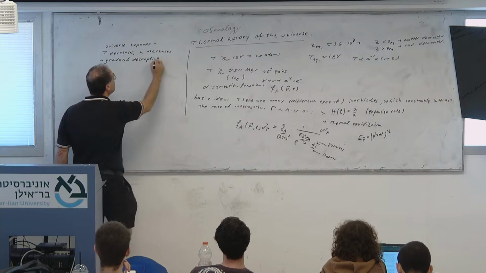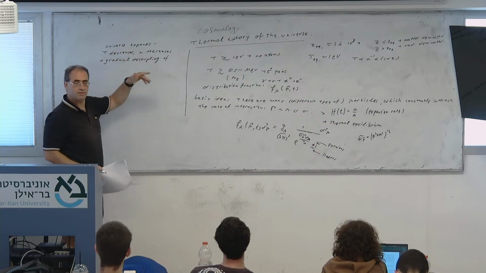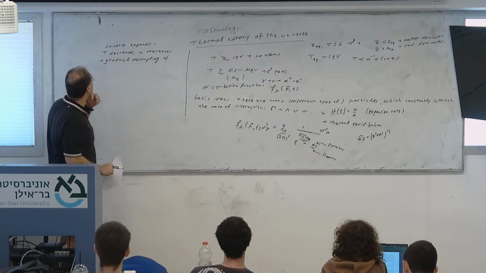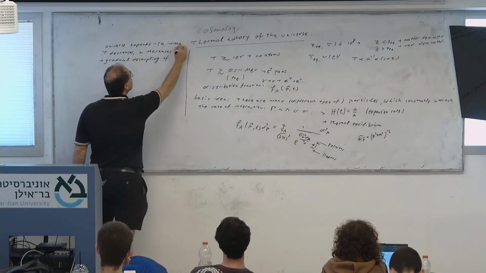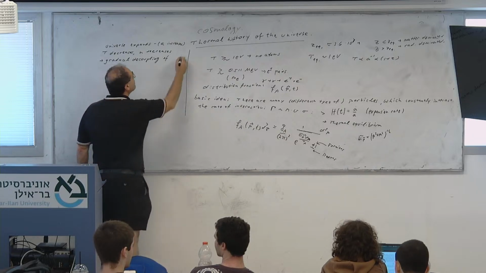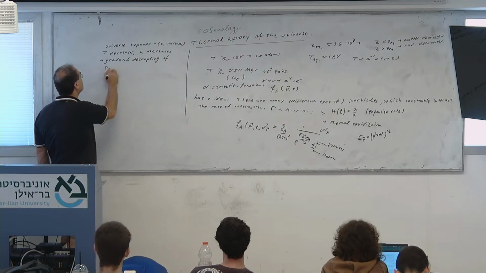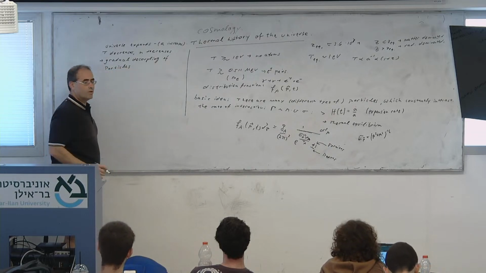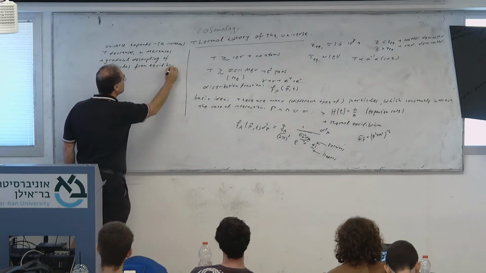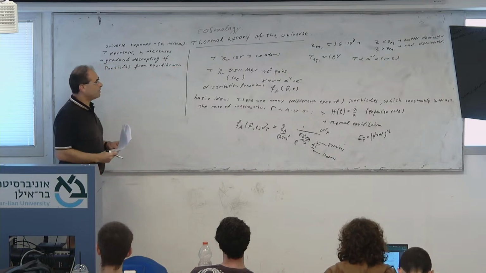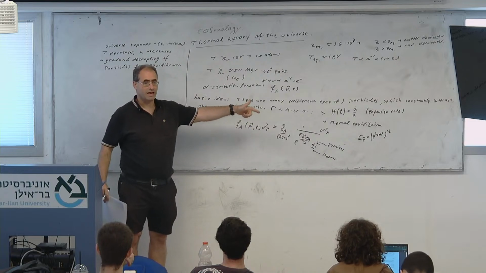T decreases because the temperature goes as a to the minus 1, and a increases. T decreases, and there is a gradual decoupling of the particles from equilibrium. Of course, each particle has its own mass, so each particle will decouple at a slightly different time.